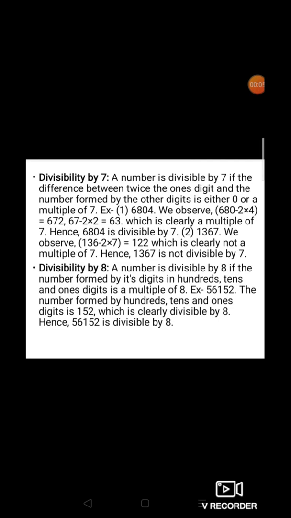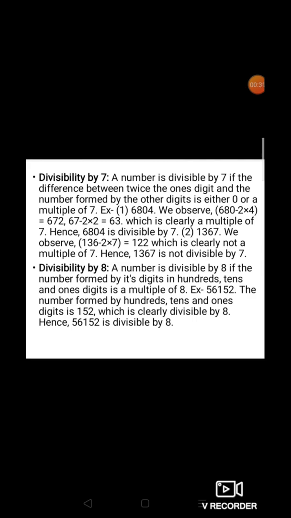So if we multiply 2 with 2, we will get 4. And now if we subtract this 4 from 67, we will get 63. So now clearly we know that 63 is a multiple of 7. As we multiply 7 with 9, we get 63. So that means we can say that this number 6804 is divisible by 7.